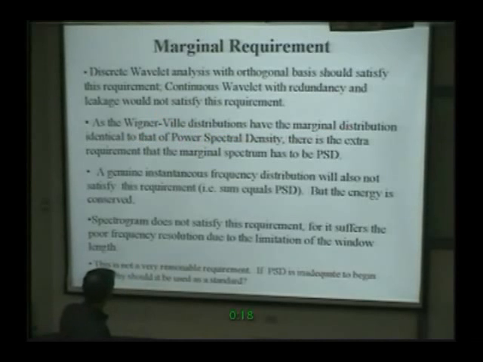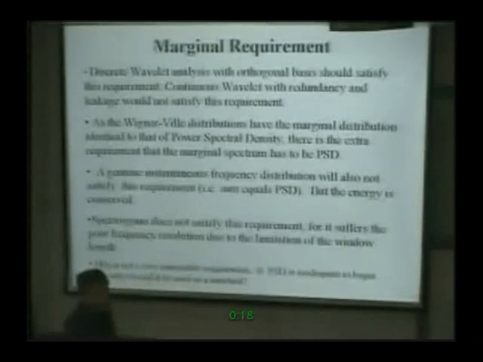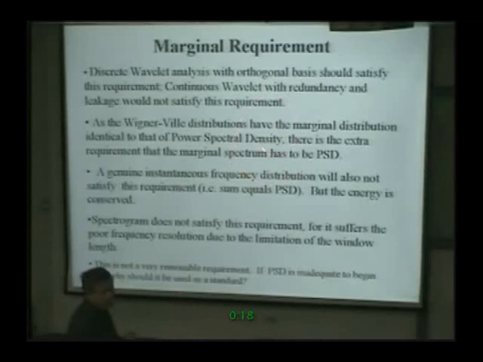This is what they really want people to believe. This is our time frequency spectrum is good because we can sum up to power spectrum. So a genuinely instantaneous frequency will not satisfy this requirement. In other words, if we use instantaneous frequency, we may not add up to power spectrum density.